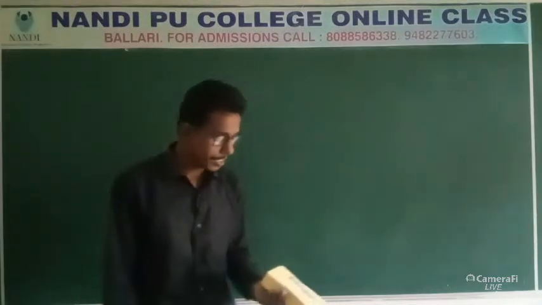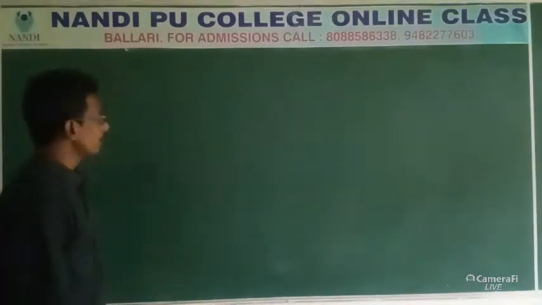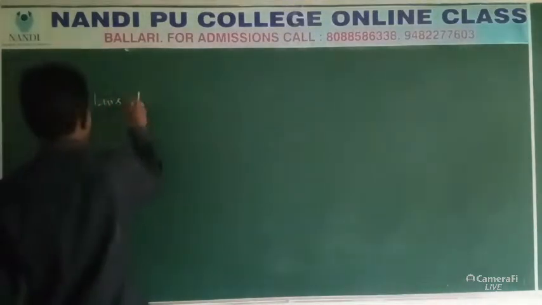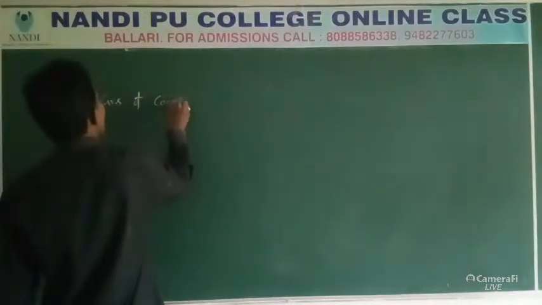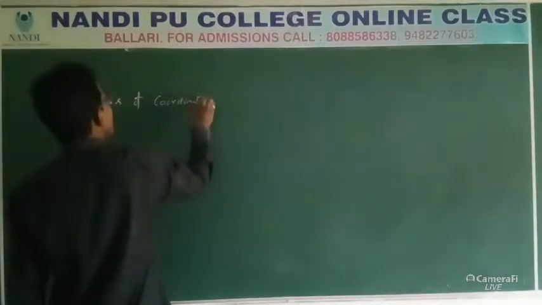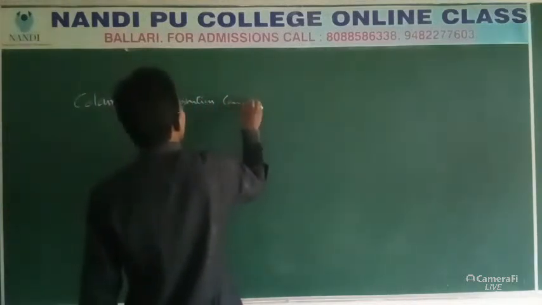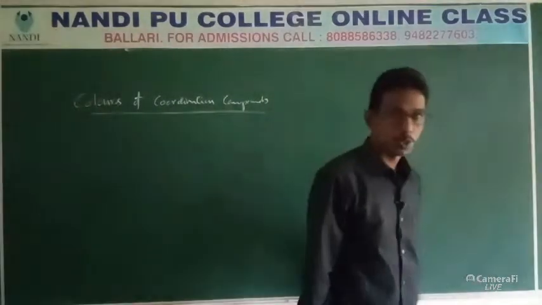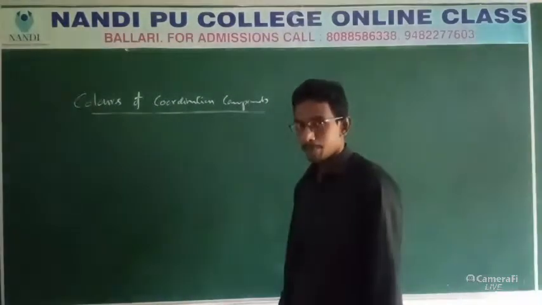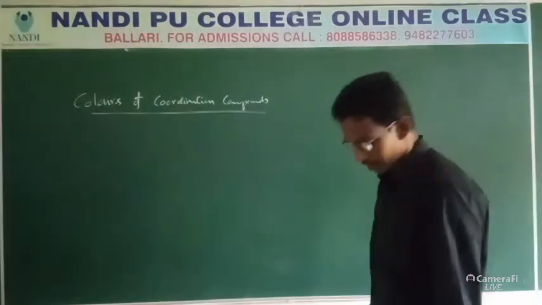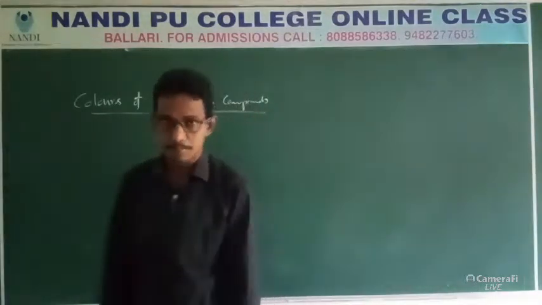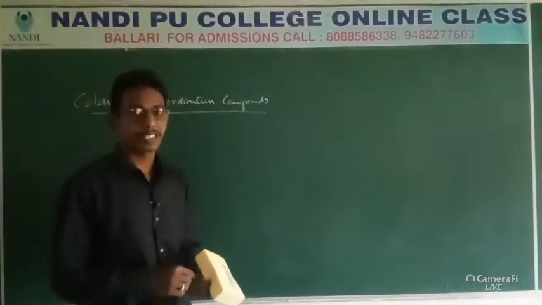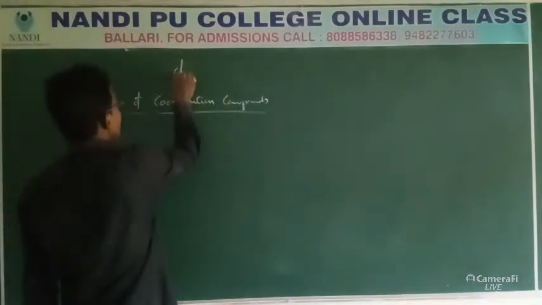Okay children, the next very important concept is colors of coordination compounds. Already explained earlier, magnetic nature, colors. What is the previous concept, children? Generally transition metal ions and metal salts in aqueous solutions exhibit different colors due to d-d transition.